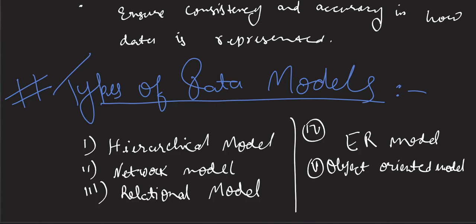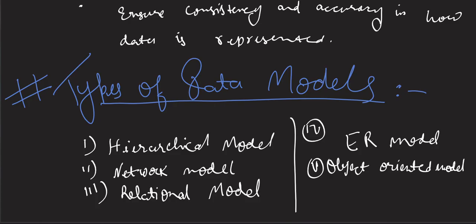So these are all the five types of data models. Now we will discuss them one by one, and we'll also see some advantages and disadvantages of each model.